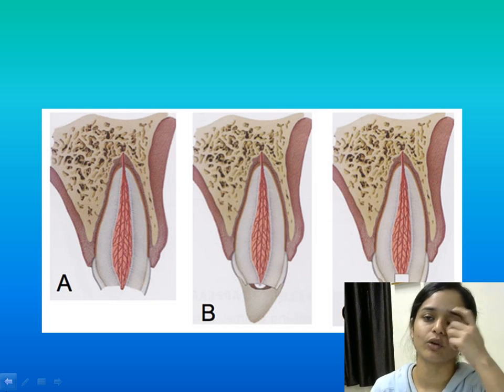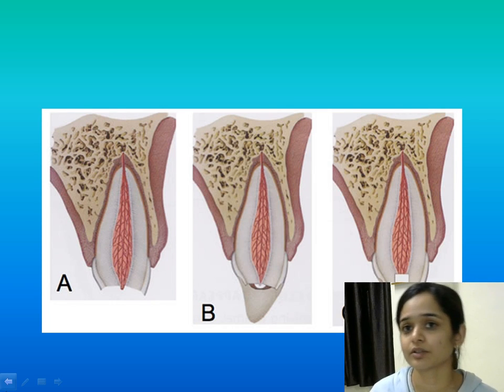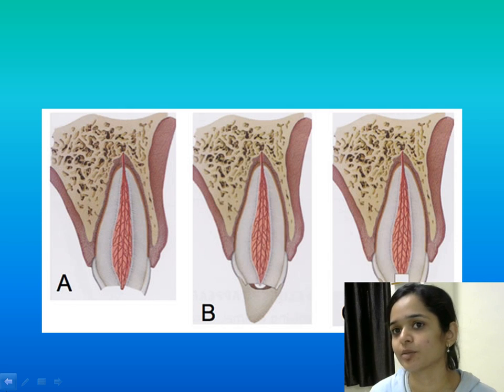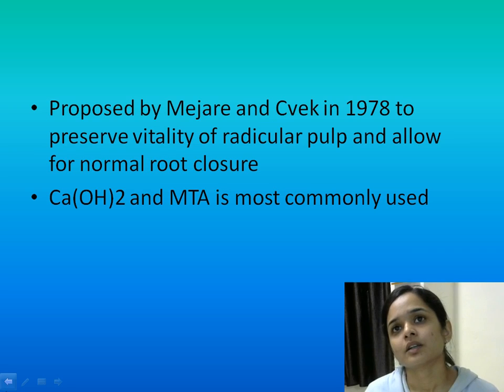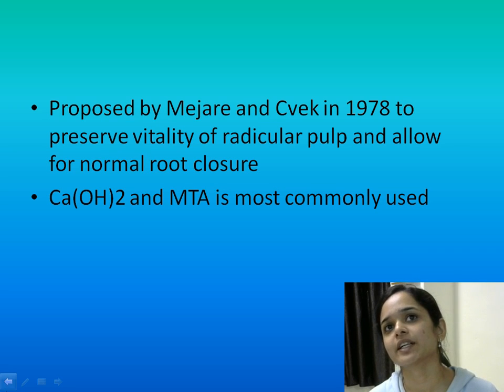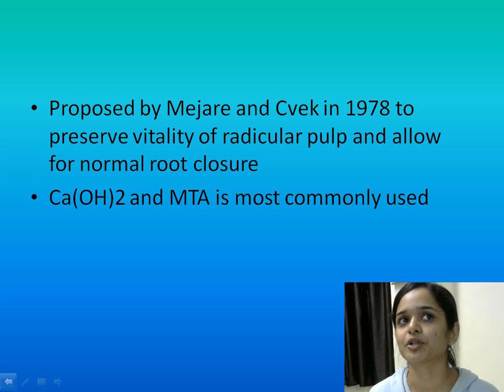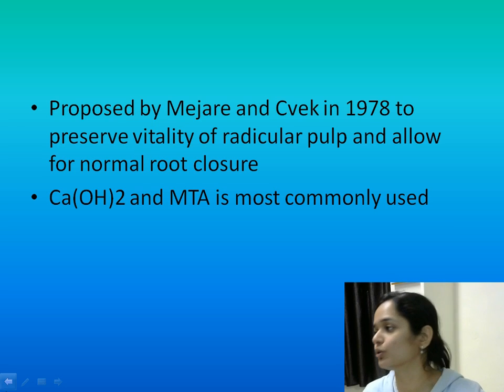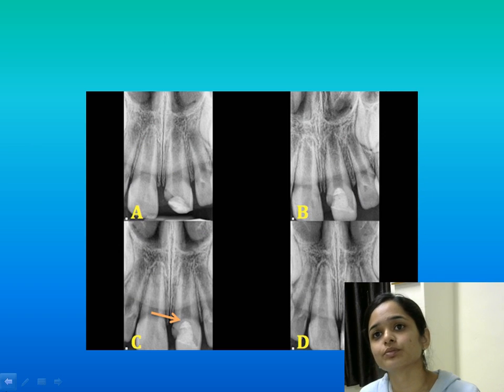Can you see the removal of coronal pulp, giving calcium hydroxide and ZOE sub-base? It was proposed by Mejare and Cvek in 1978 to preserve the vitality of radicular pulp tissue and allow normal root closure. Calcium hydroxide and MTA are most commonly used. The arrow shows dentine bridge formation. Can you see?